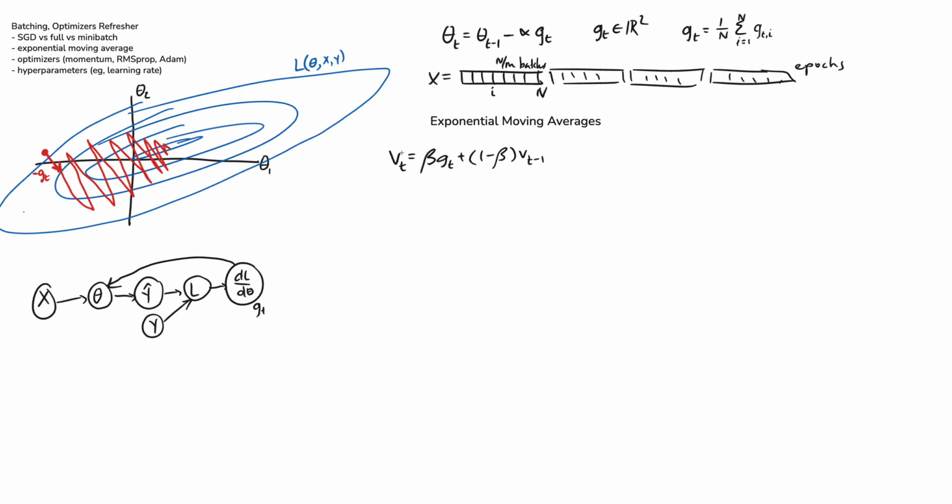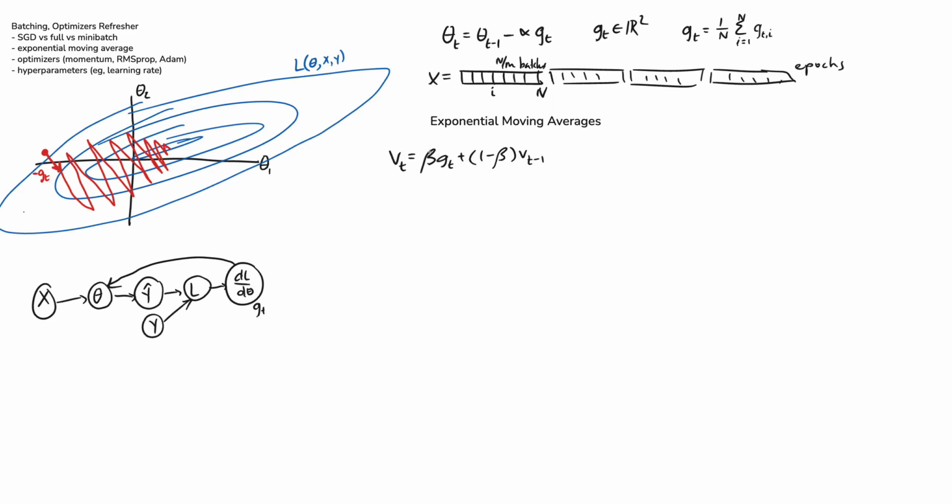This is your moving average at time step t, and g at time step t is the new observation, and v t minus 1 is the value of the moving average in the previous step.